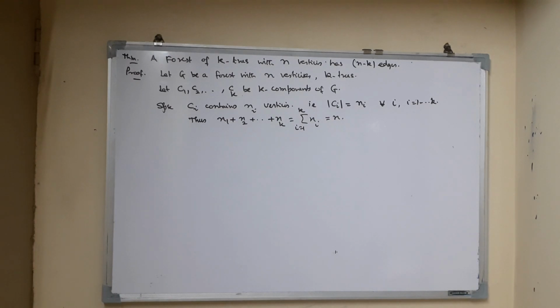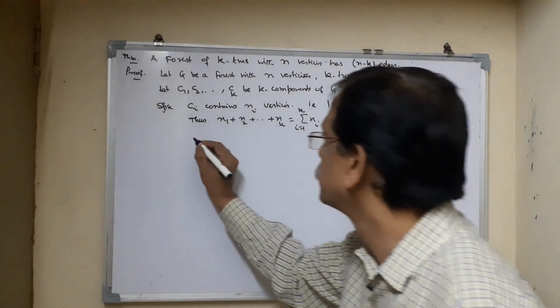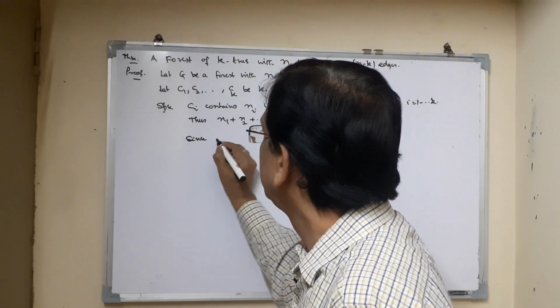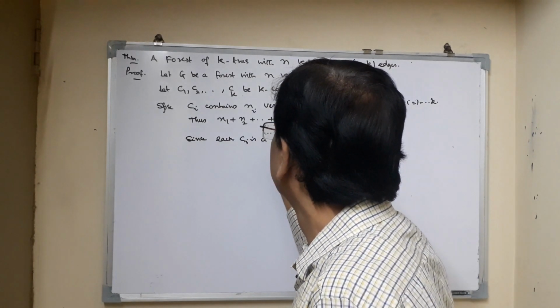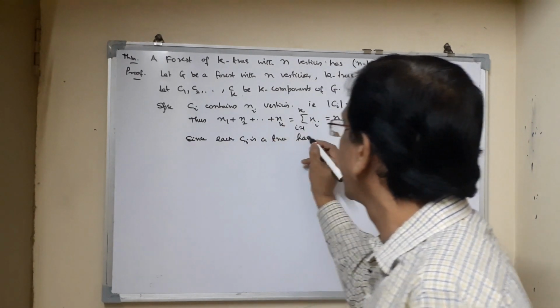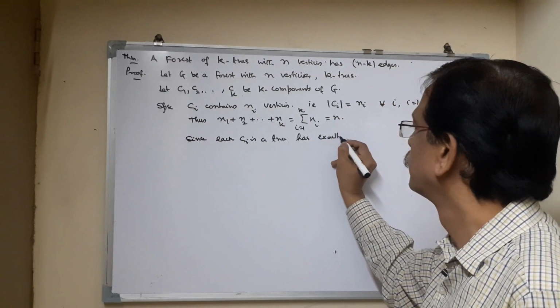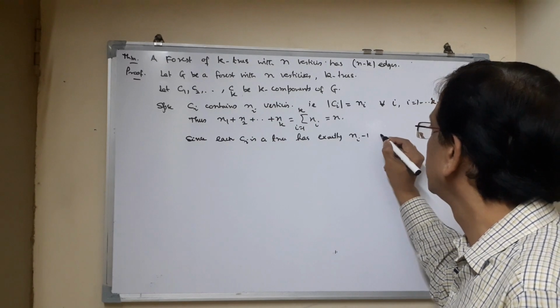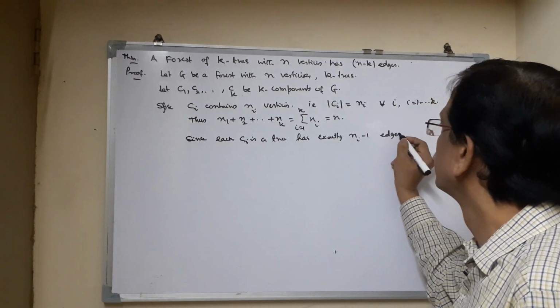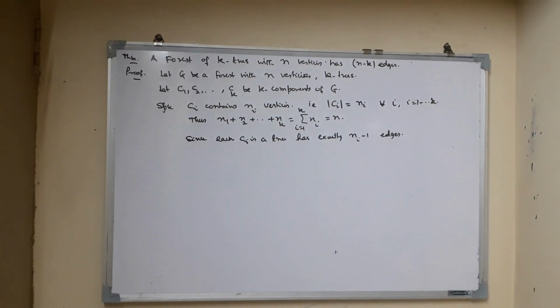Now each component is a tree. Since each Ci is a tree, it has exactly Ni minus 1 edges, right?